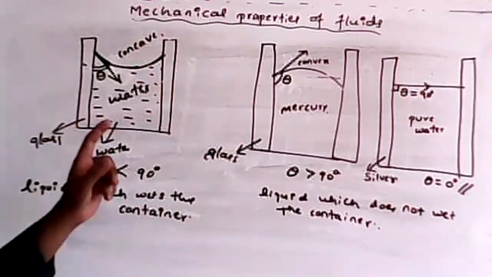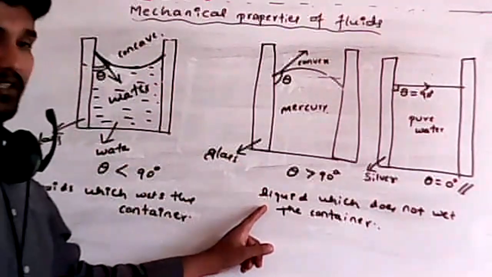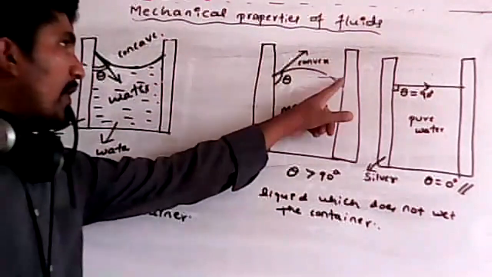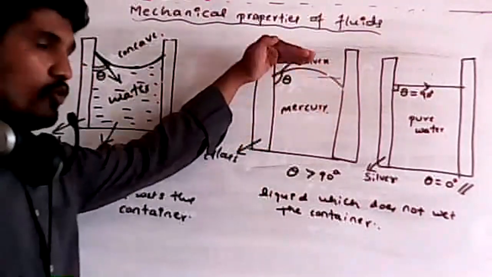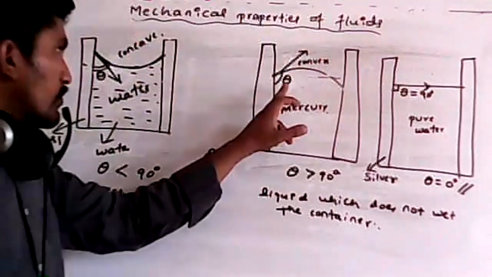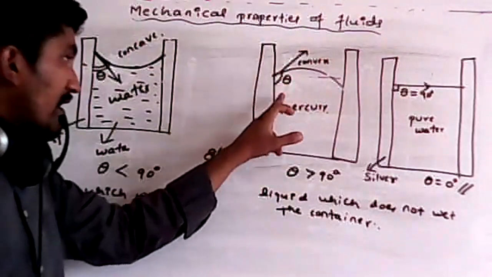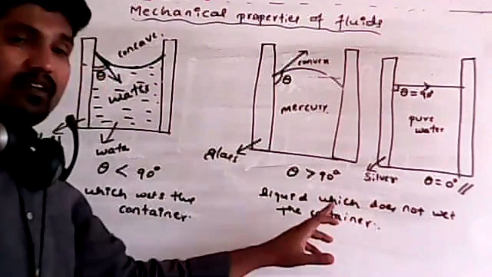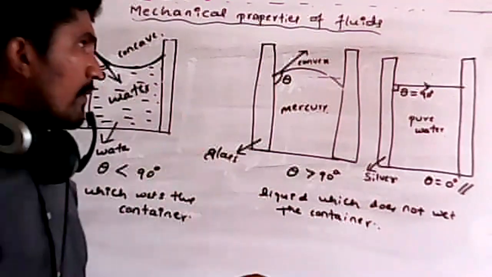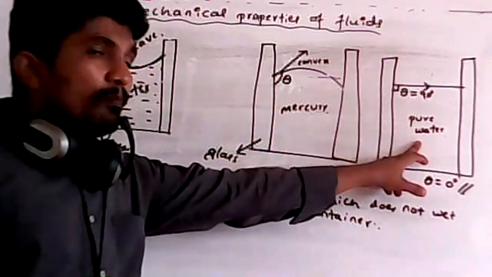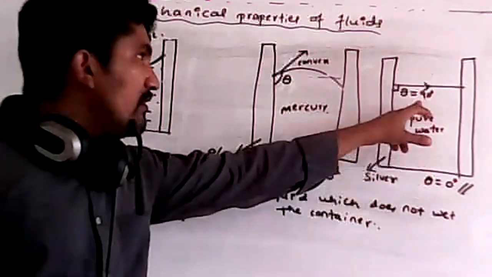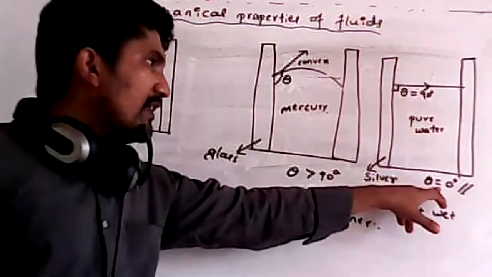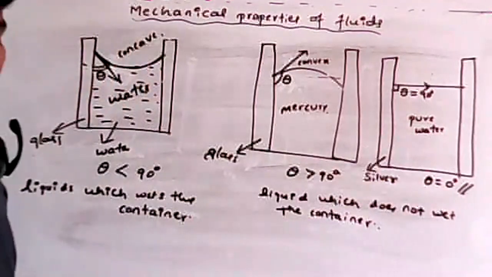But in this particular case the upper part will be convex, like this. Then theta will be greater than 90 degrees, when the liquid does not wet the container. If you consider pure water with a silver interface, then the angle of contact will be 0 degrees.